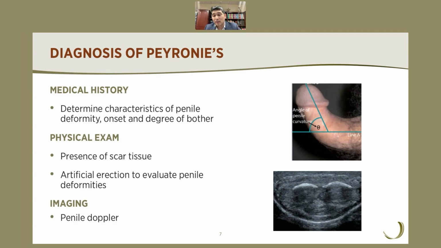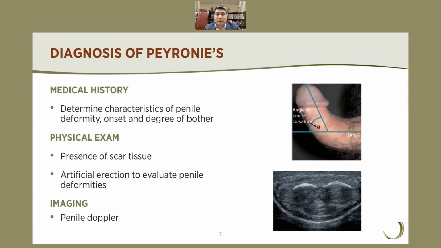And then also we will determine the degree of bother. So some patients say sex isn't really painful. They're not really bothered by it. Other patients will say they can't even have penetrative sex at all. We will also examine patients for presence of that scar tissue that we talked about.